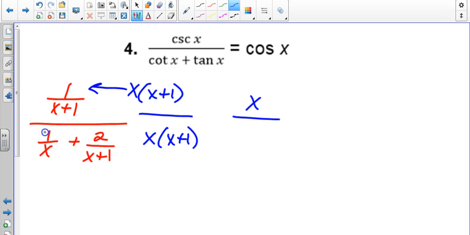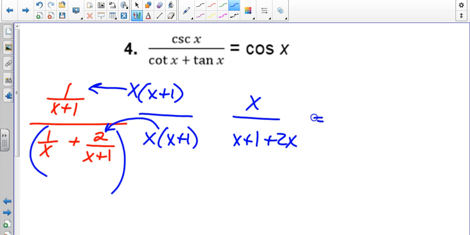Down here, I have to distribute it to both of those. When I multiply it over here, the x will cancel, and I'll just have 1 times. When I multiply it to this fraction, the x plus 1s will cancel, and I just get, wow, no complex fractions.